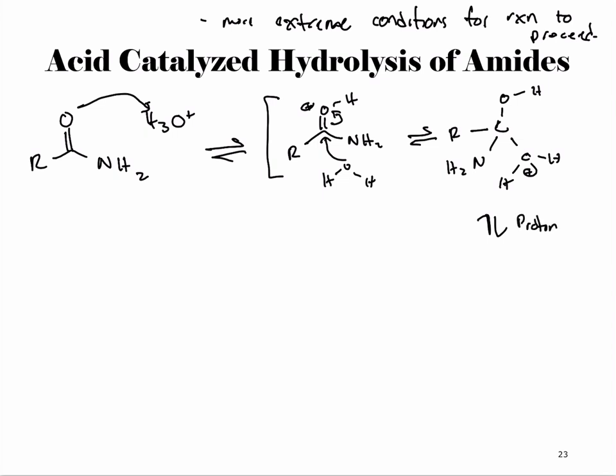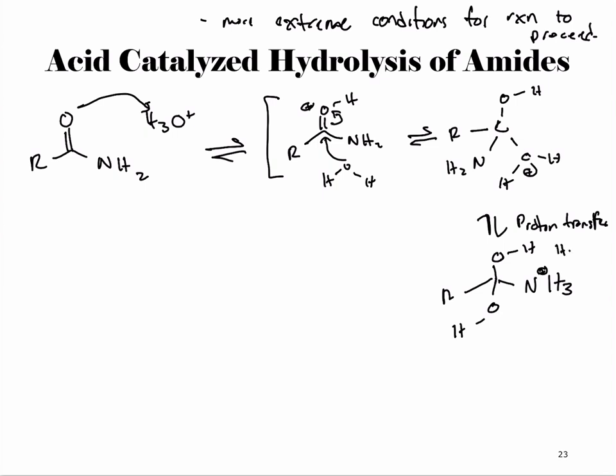This gives us an NH3 with a positive charge, which can stabilize the positive charge a little better than the alcohol can. When this happens, this NH3 becomes a good leaving group.